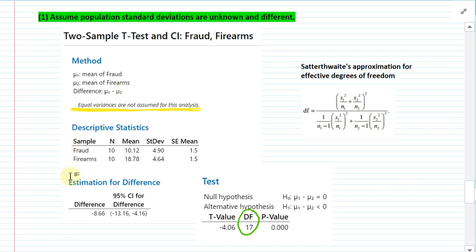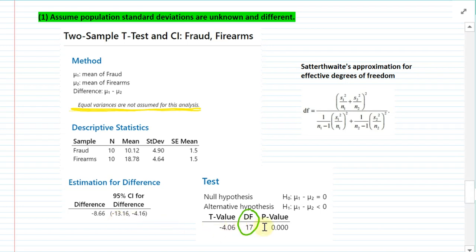So a negative 8.66 means you would expect to do about 9 months less for fraud than you would for firearms. And here's a 95% confidence interval for the difference. It runs anywhere from -4 to -13, meaning anywhere from 4 to 13 months less time for fraud as opposed to firearms.